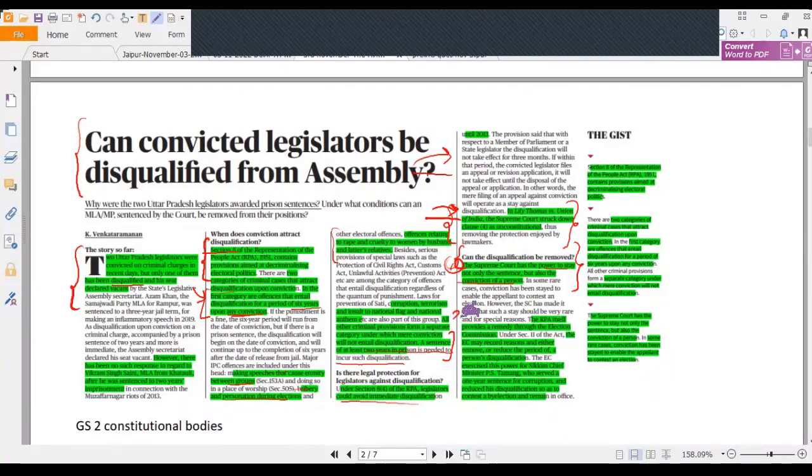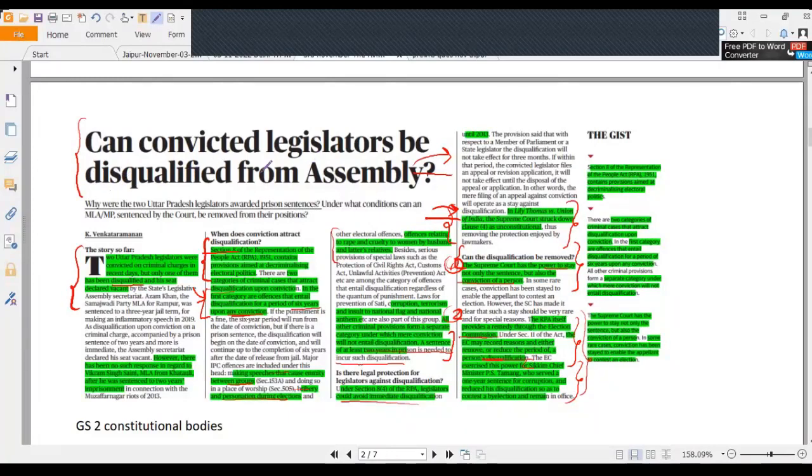The other is that RPA itself provides a remedy through Election Commission, where the Election Commission may record reasons to either reduce or remove the period of disqualification. For example, it has done the same in case of Sikkim Chief Minister P.S. Tamang, who was convicted under corruption charges.